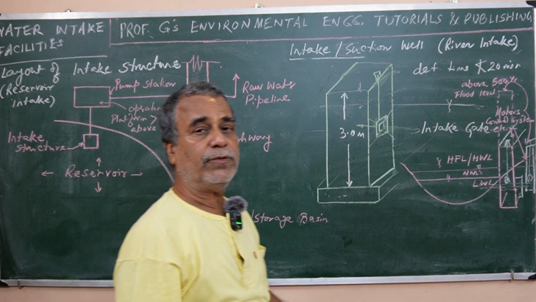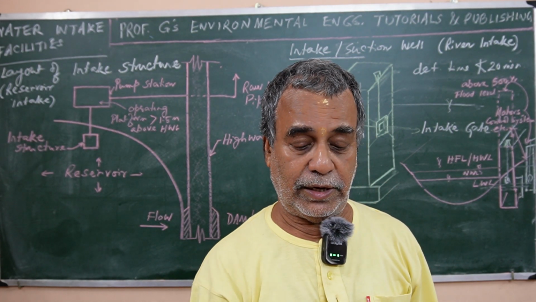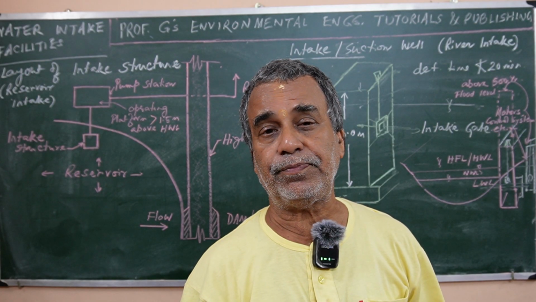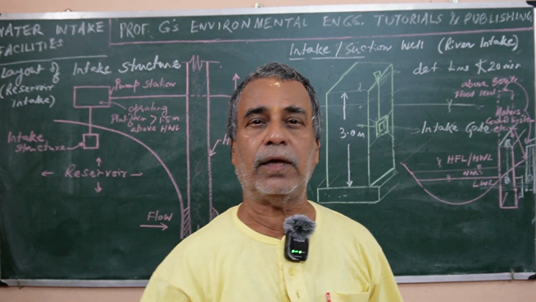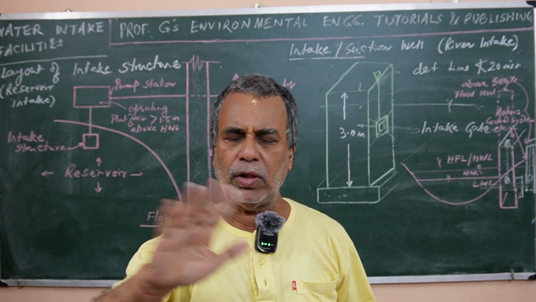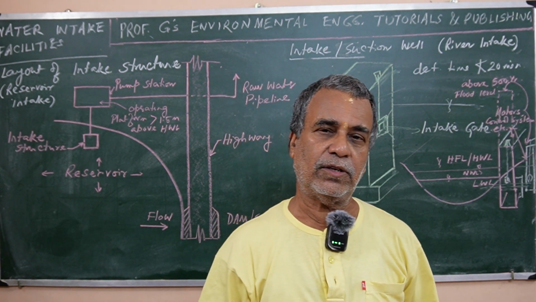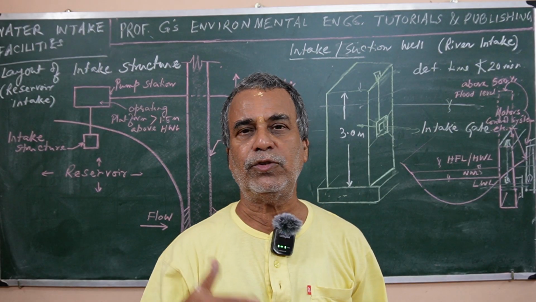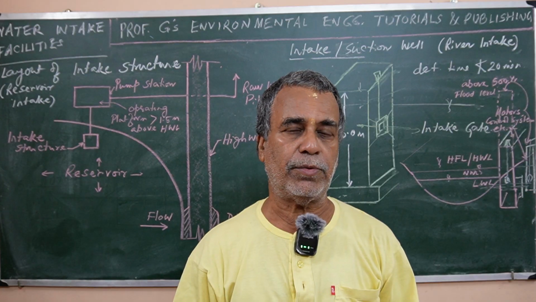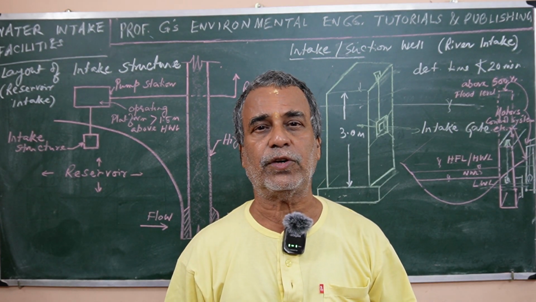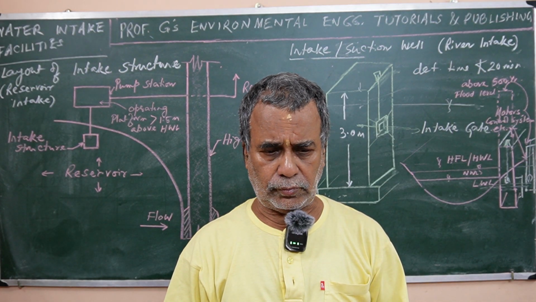Regarding the different types of intake, as I have already told you, you should consult the manuals, CPHEEO manuals, and all this I have discussed in my last video. If anybody misses or so, then by one-to-one interaction he or she could gather the information regarding books or references also.